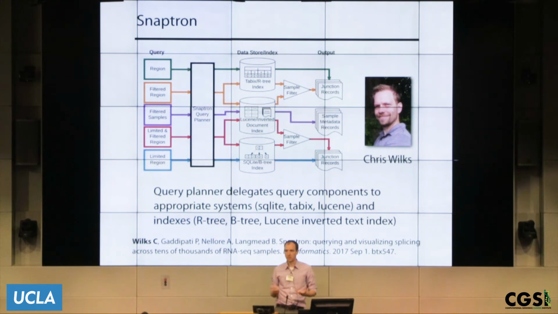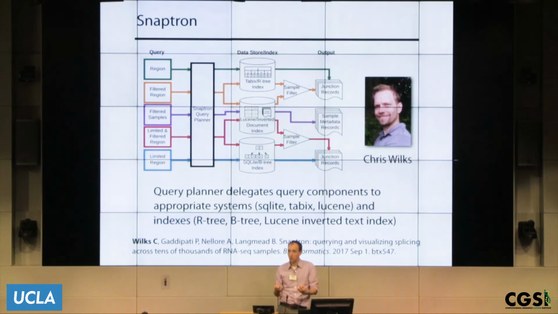Some of the data in this database has the nature of being an interval on the genome, like an intron. Some of the data has the nature of just being arrays of floating point numbers, like gene expression values. Some of the data has the nature of being text, because it's metadata, like the abstract of the paper from which the data was derived. So we have different kinds of indexing techniques for these different kinds of underlying data.